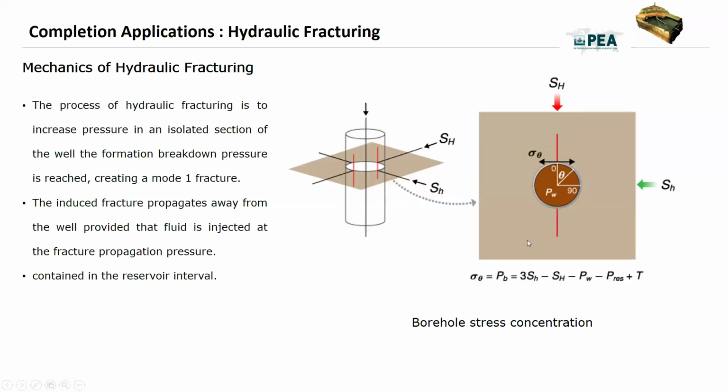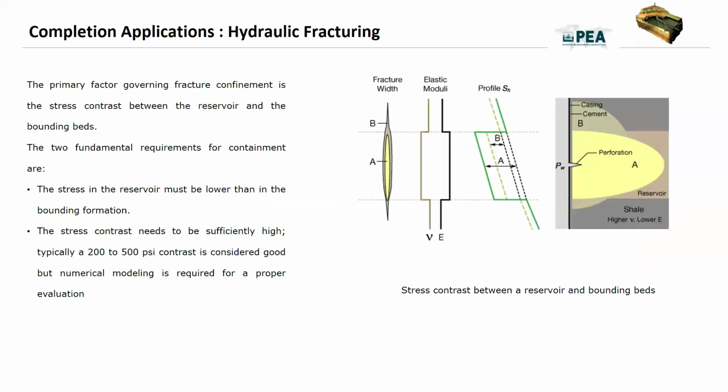The induced fracture propagates as a mode one extension fracture in a plane perpendicular to the minimum horizontal stress. So it has to be parallel with the maximum horizontal stress, so that these azimuths and magnitudes help the fracture not to close within the reservoirs. That's all for the mechanism of hydraulic fracturing.